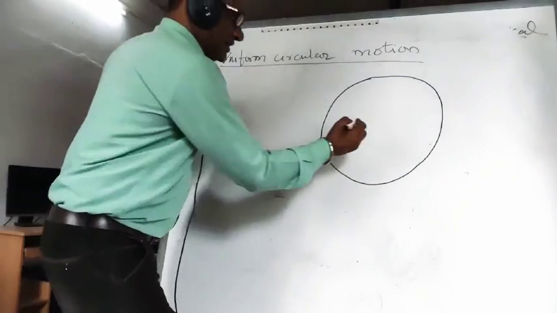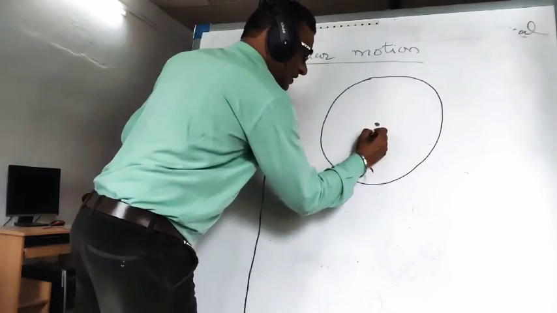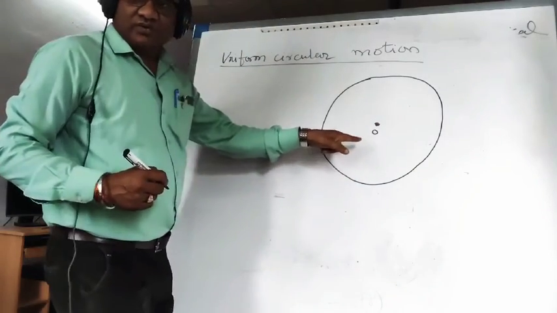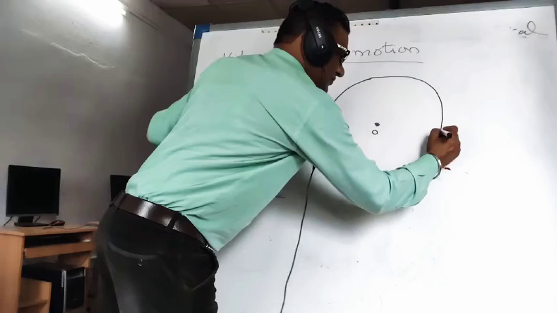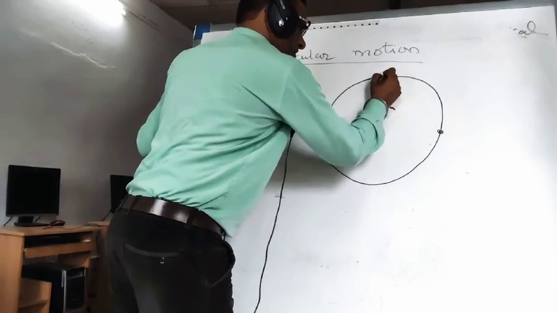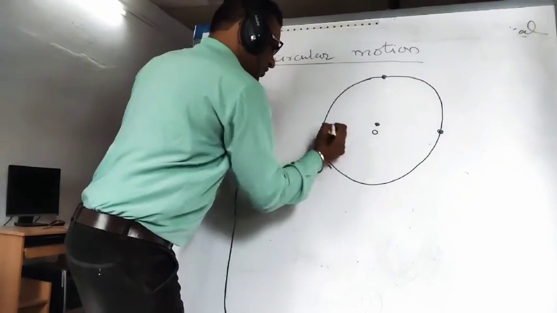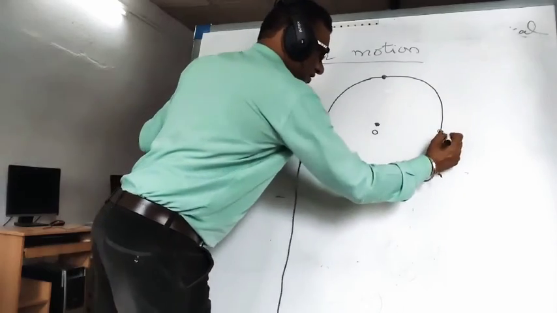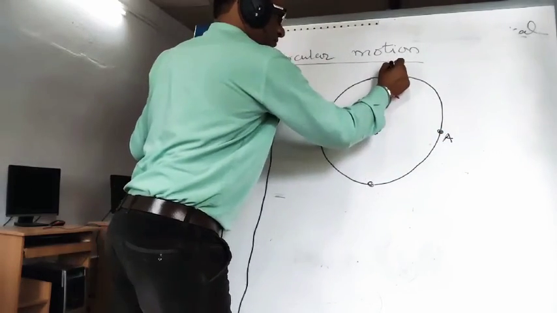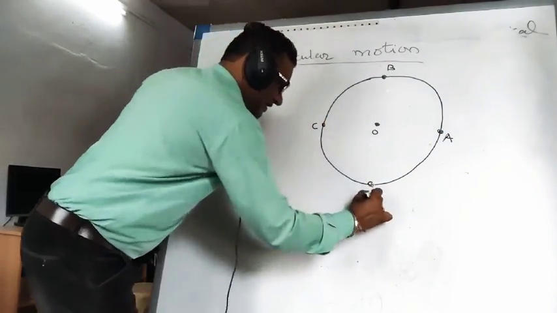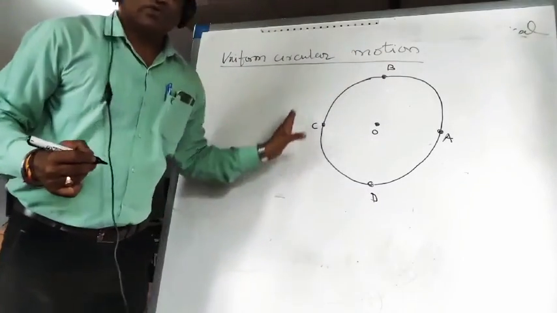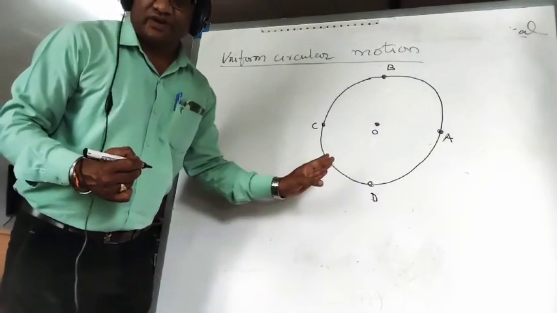Look at this. Let this be the center of the circular path, represented by O. I am considering 4 points which are diametrically opposite. Let us consider the 4 positions of the moving object represented by A, B, C and D respectively. These are the 4 points in the path of the moving object.